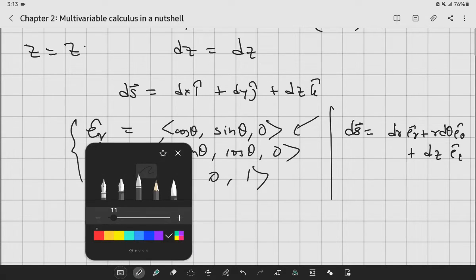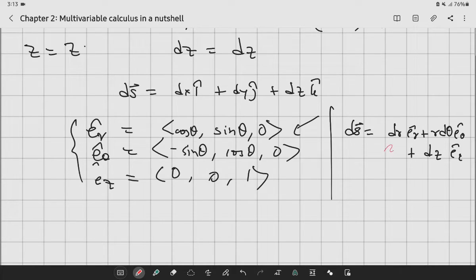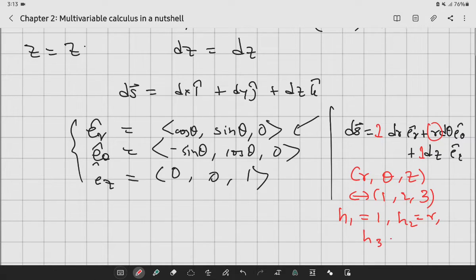Now this is what we call the scale factor. I mean, you have 1 in here and 1 in here, so if I denote r, theta, z as 1, 2, 3, the scale factors will be h1 equals 1, h2 equals r, h3 equals 1.